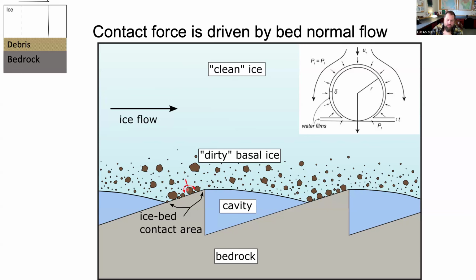It's extending to get around these bumps. And that extension is drawing ice from higher up closer to the bed. And so if you're this particle here and the ice is flowing from a little bit higher up in the ice towards the bed, that's essentially pressing this particle into the bed. And so areas that undergo lots of extension, you might imagine have lots of force pushing these particles into the bed, and then they could supply more resistance.